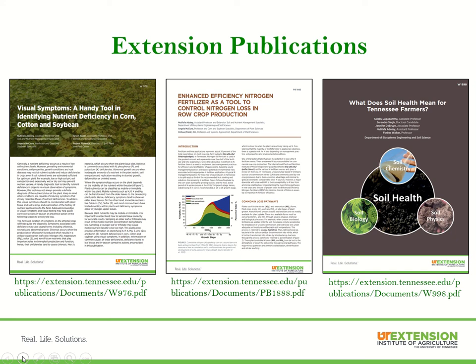There is information on proven nitrogen stabilizers on the market that can reduce nitrogen loss as ammonia. And then the final publication, what does soil health mean for Tennessee farmers? It presents an overview of soil health.